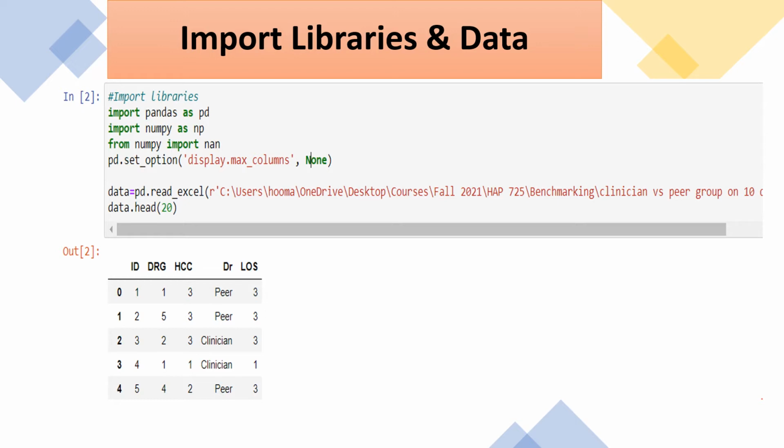In the first step, in Python, we have to import different libraries and also our data. For example, in this question, we need two libraries, pandas and numpy, and with these syntaxes, which you can see, we have to import our data.